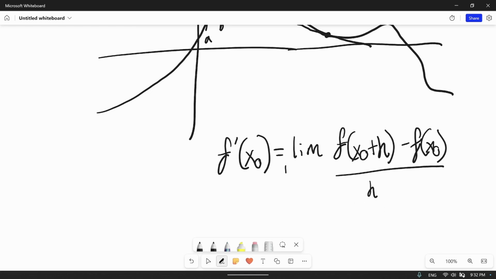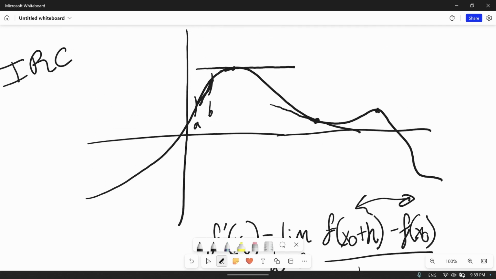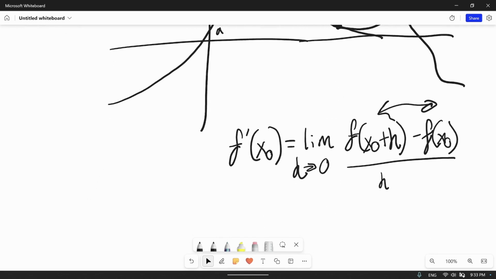So, limit as h approaches 0. Because what this means is that these points get ever so close, and when these points get ever so close, we get an instantaneous rate of change.